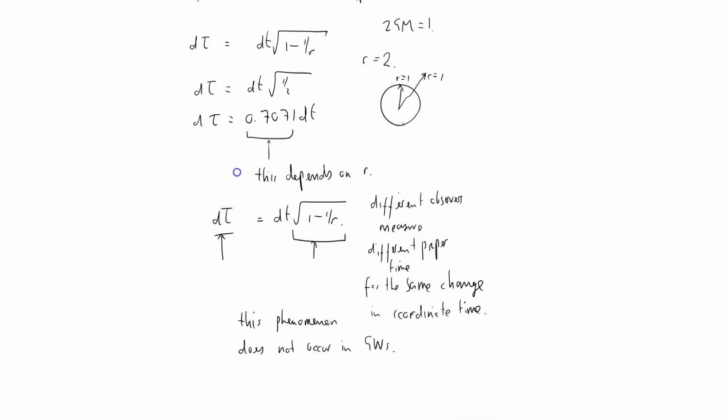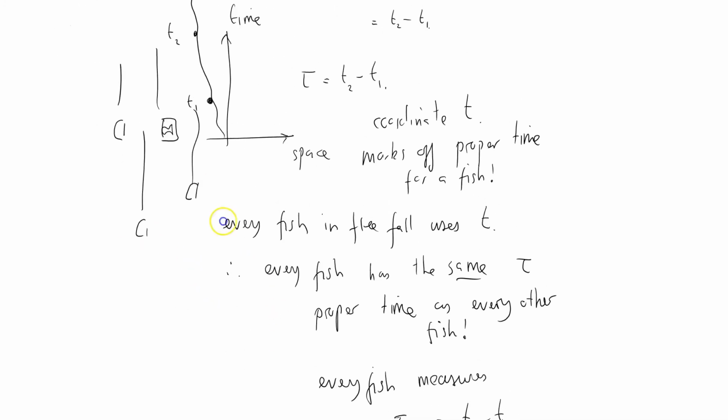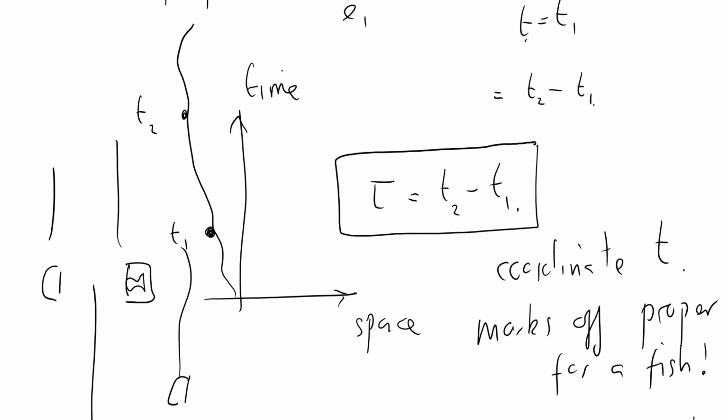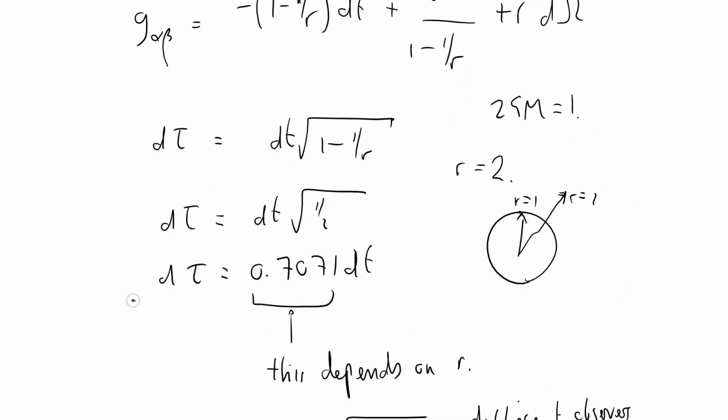Because I've just gone through this whole very complicated, pointless in a way, process, but all I've shown is that the proper time measured by any observer at rest is the same in a gravitational wave to first order, and that is not the case in the black hole. So gravitational waves from that perspective are a lot easier than black holes because you don't need to worry about time dilation. Everybody can use coordinate time. And everybody's motion looks simple.